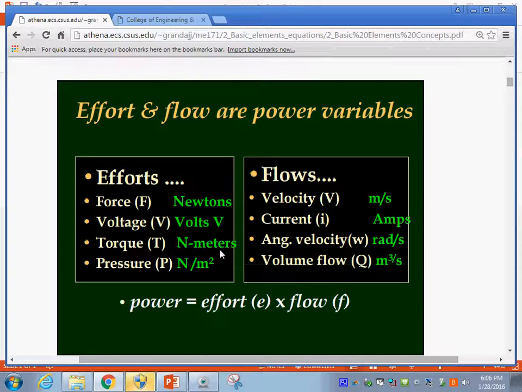And newton meters times radians per second is also a unit of power. Newtons per meter squared times meter cubic per second is also a unit of power.